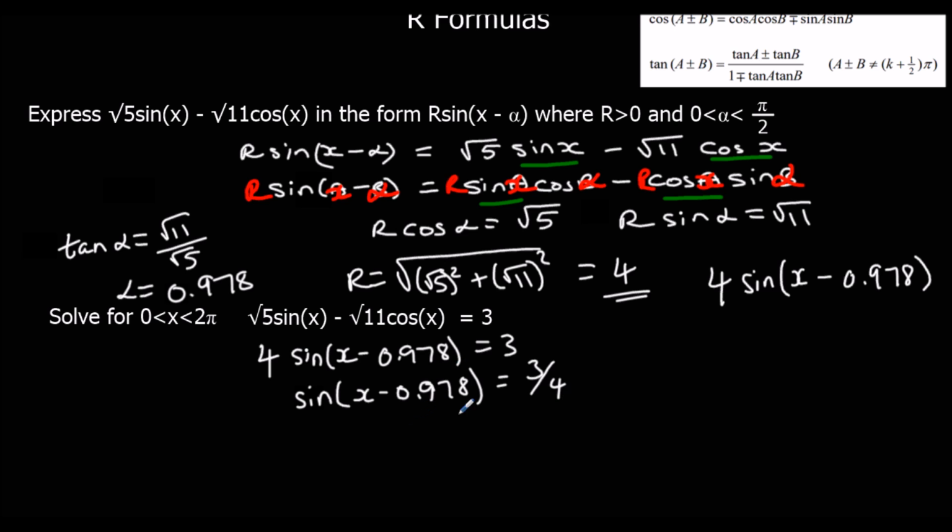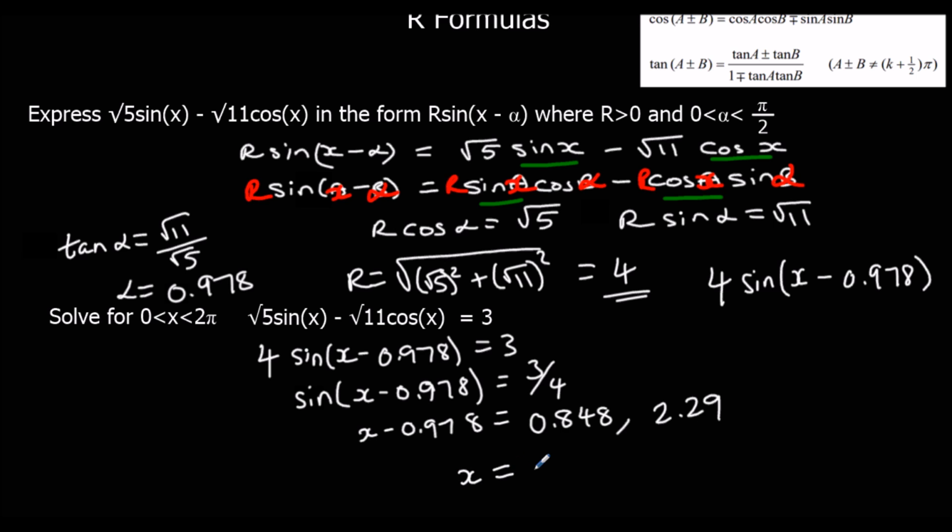which gives us x minus 0.978 is equal to 0.848. Yep, that's the three significant figures. And we're going to do pi minus answer because we're in sine, 2.29.